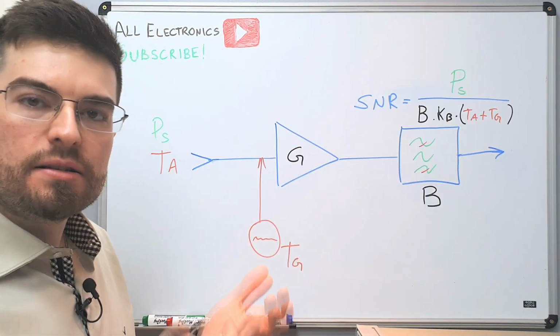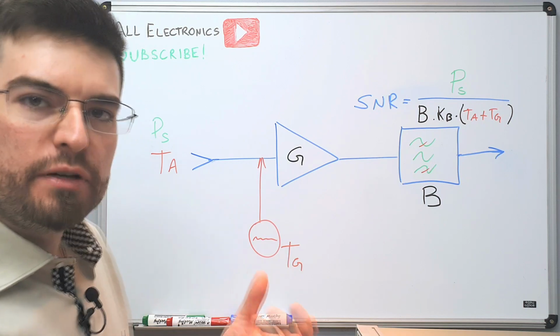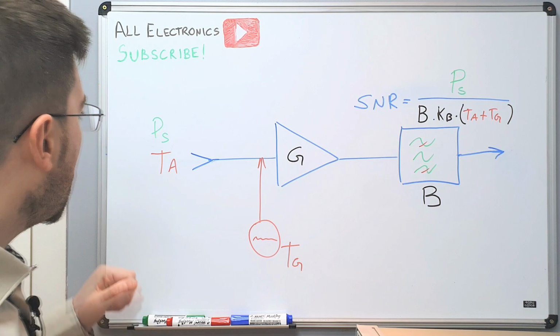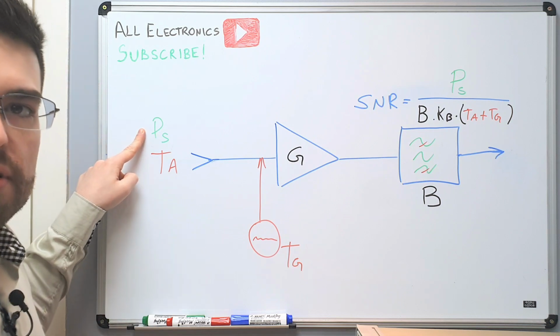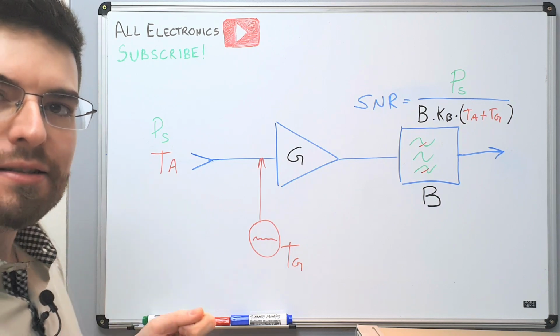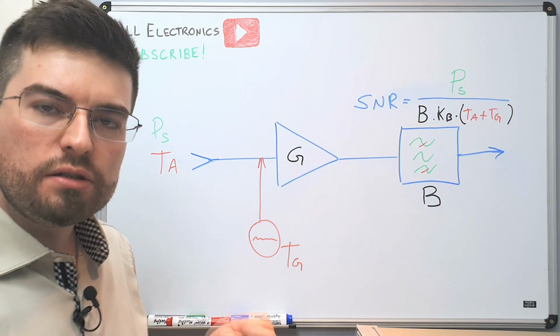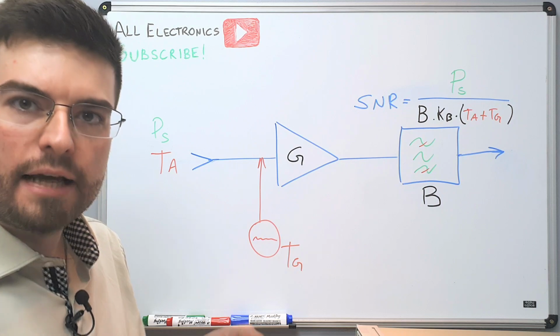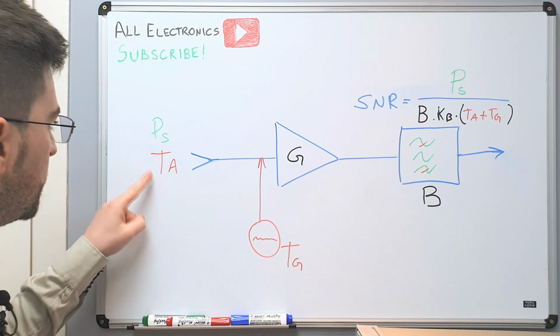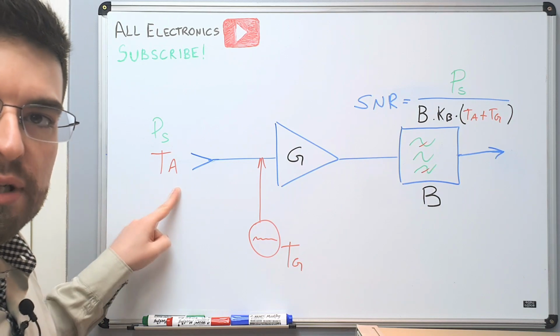And now we can understand this system from the perspective of temperatures. So in the input now we have the power of the signal received and the temperature of the noise. What is the temperature of the noise? Is the Johnson-Nyquist temperature that would generate the same amount of noise that the antenna is receiving.